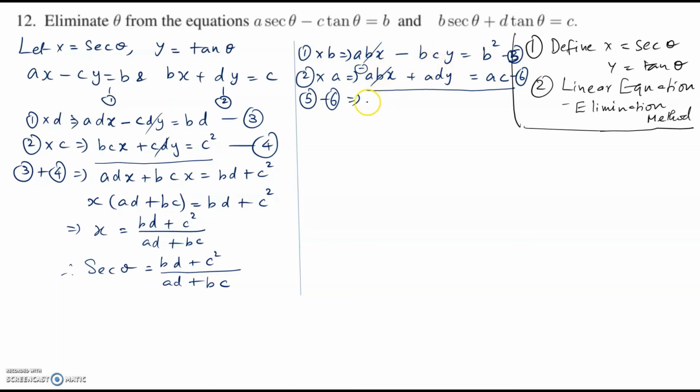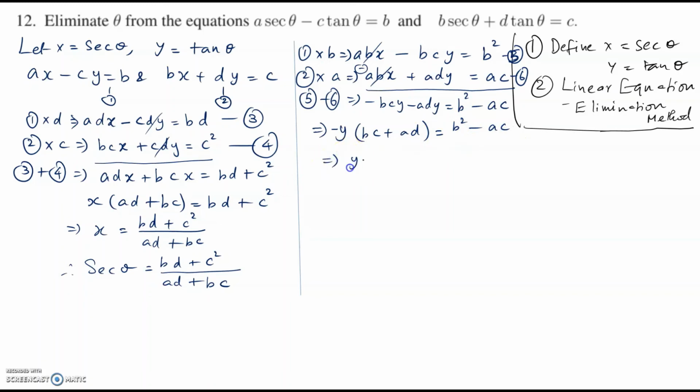So minus bcy minus ady is equal to b squared minus ac. So further simplifying this, taking the y common, we'll take the minus y out, so it will be bc plus ad is equal to b squared minus ac.